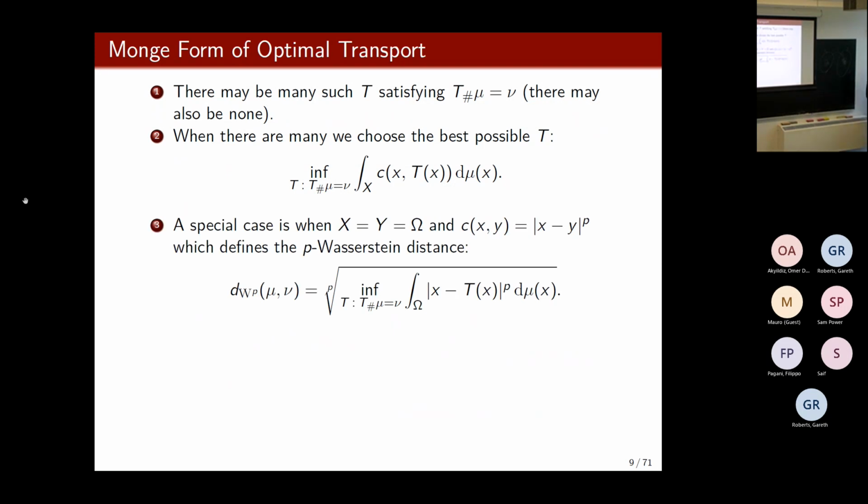I'll say this quite early because it's particularly important. The Wasserstein distance: if we choose our cost to be the Euclidean distance to the power p, then we call this the Wasserstein distance. In particular, if we substitute in c of x y as x minus y to the p, then of course we have to take the pth root. This is the well-known Wasserstein distance.